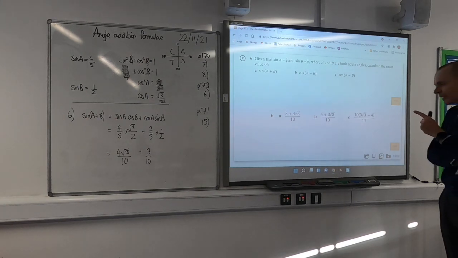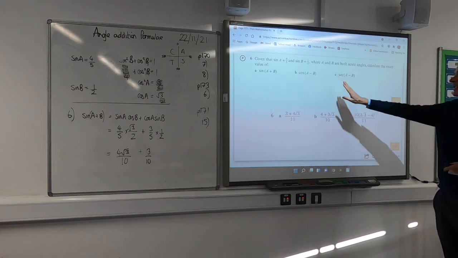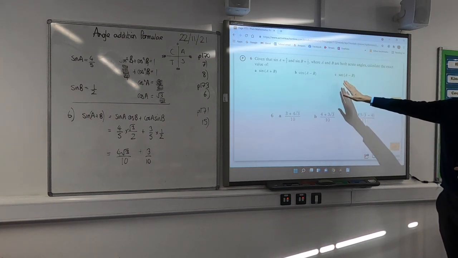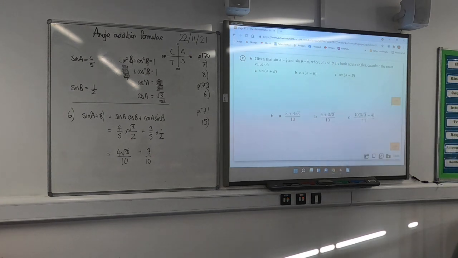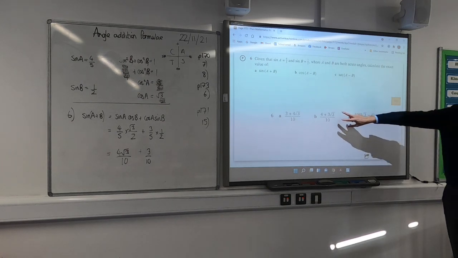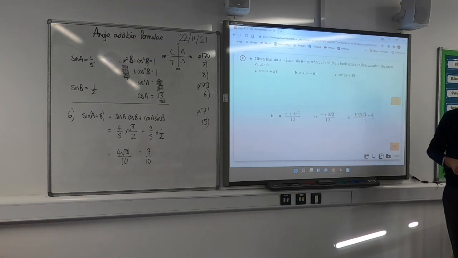A similar process gives you 4 plus 3 root 3 over 10. Sec is 1 over cos. And we'll look at the third letter. So 1 over cos, you just flip that answer. So you flip that answer and get 10 over 4 plus 3 root 3 for here.